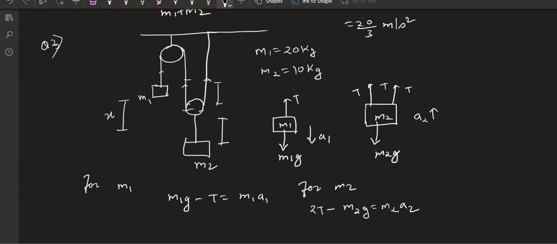This will go up by x, this will go up by x. The total will be 2x. Suppose this pulley goes here, so the total change in length of wire will be x this and x this, 2x.